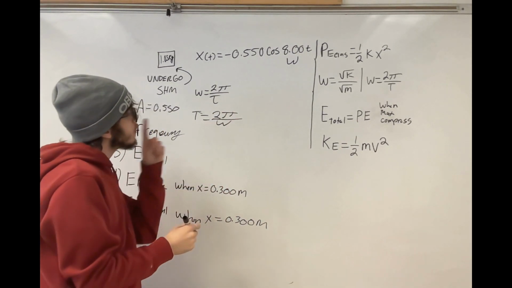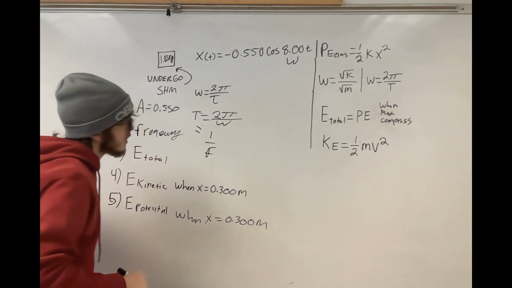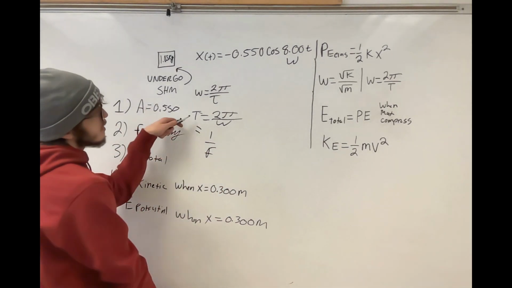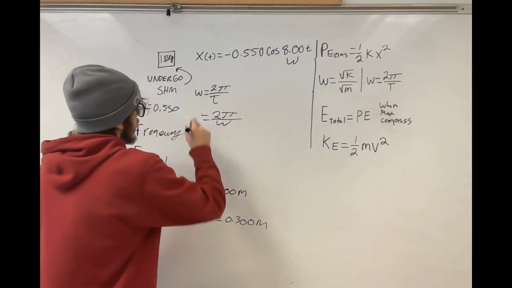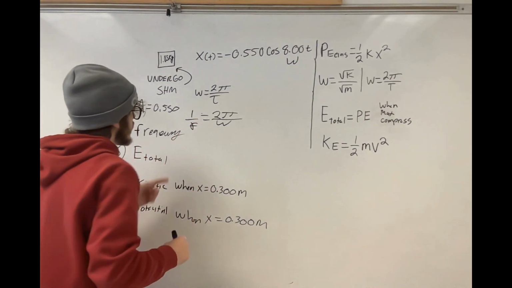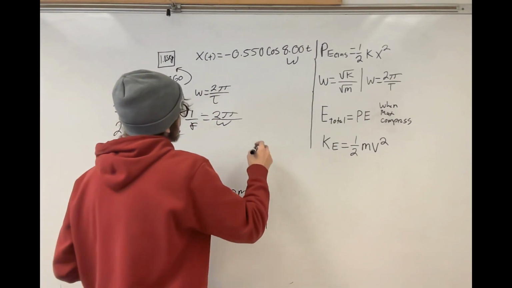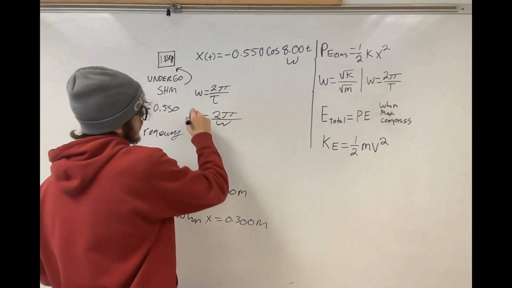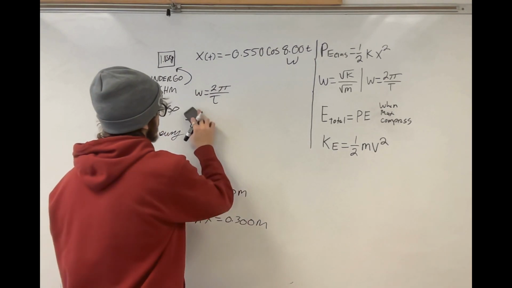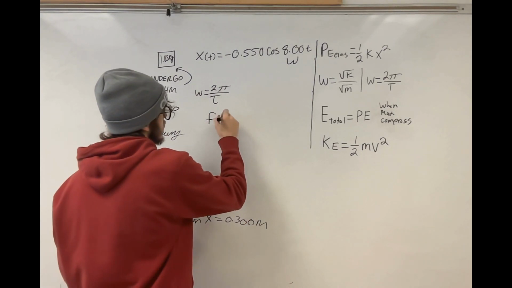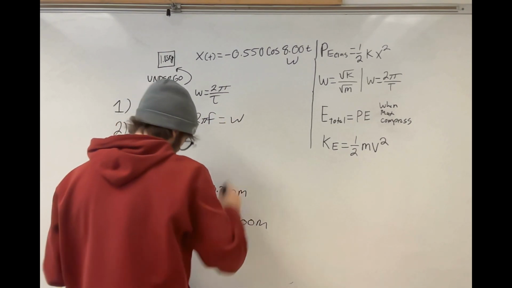But we also know that period is equal to 1 over the frequency, so I'm going to substitute T for 1 over f. Now, to solve for frequency, I just need to get frequency by itself. If we multiply both ways and simplify, 2 pi times frequency equals omega.